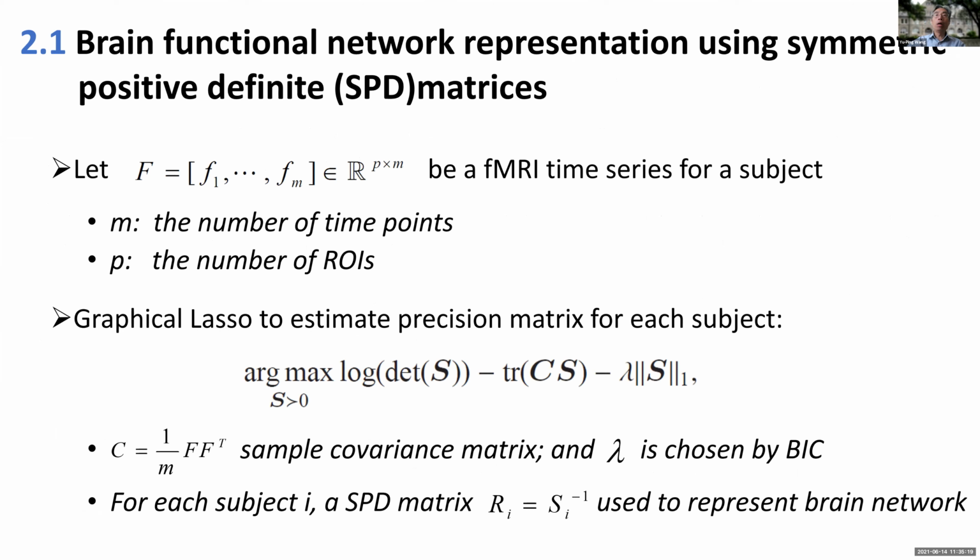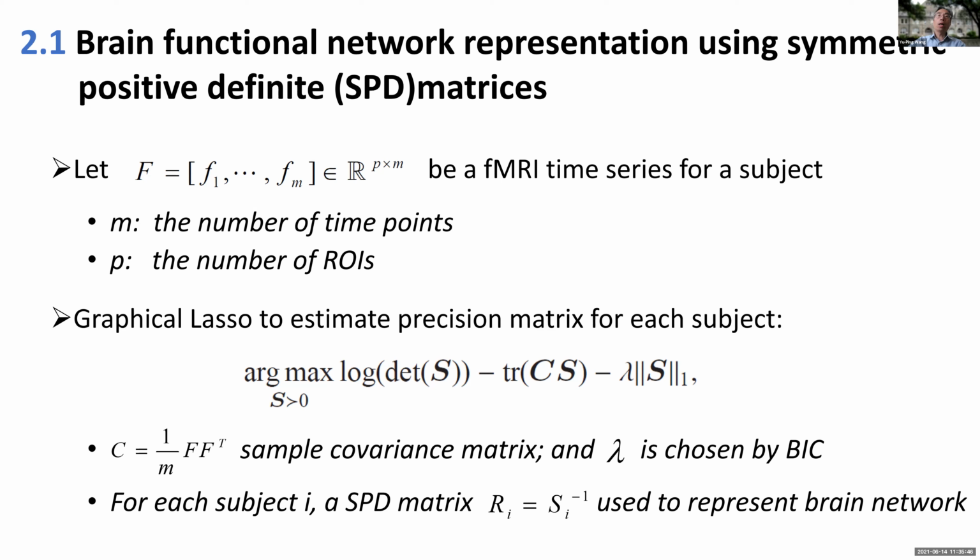This is the general way to estimate the functional connectivity network. Let F represent our fMRI time series, consisting of M time points corresponding to P ROIs.